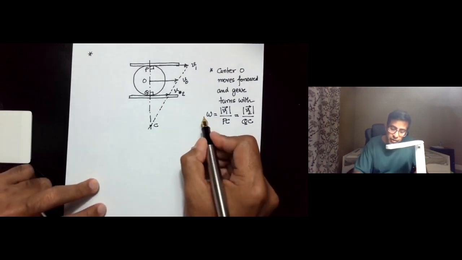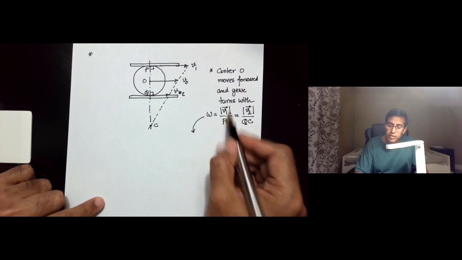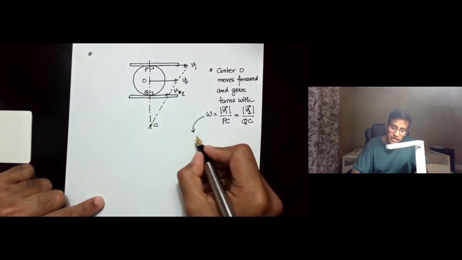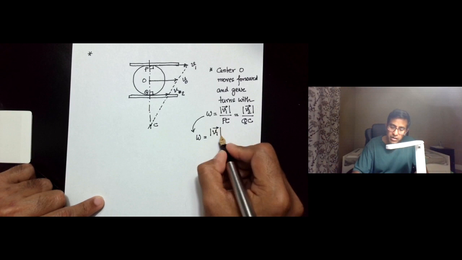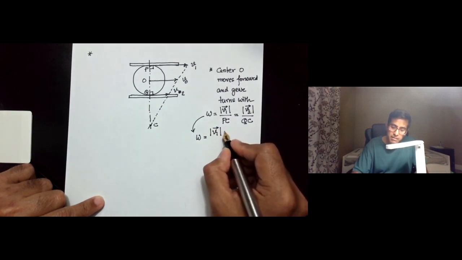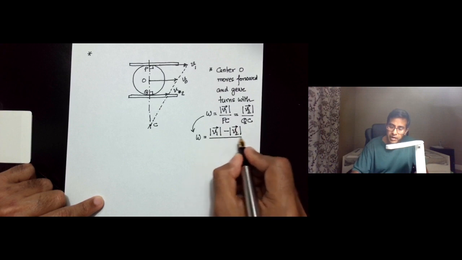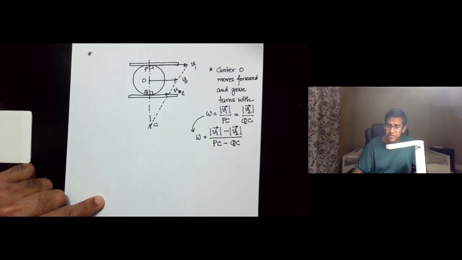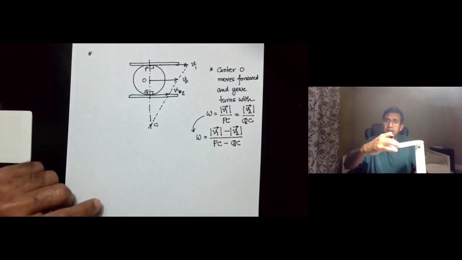In fact, because omega is equal to V1 divided by PC and V2 divided by QC, omega is also equal to V1 minus V2 divided by PC minus QC, because they are the same ratios. If I subtract them, the ratio is maintained.